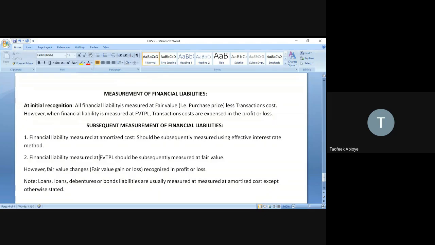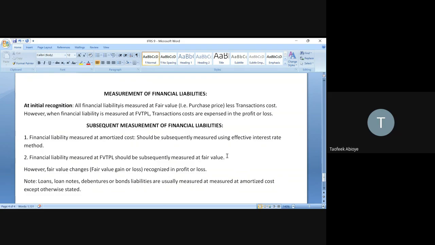Look at it: loan notes, debentures. Loan notes, debenture, or bond liability are usually measured at amortized cost, except otherwise stated. That means naturally, all those financial liabilities are at amortized cost, except otherwise stated.